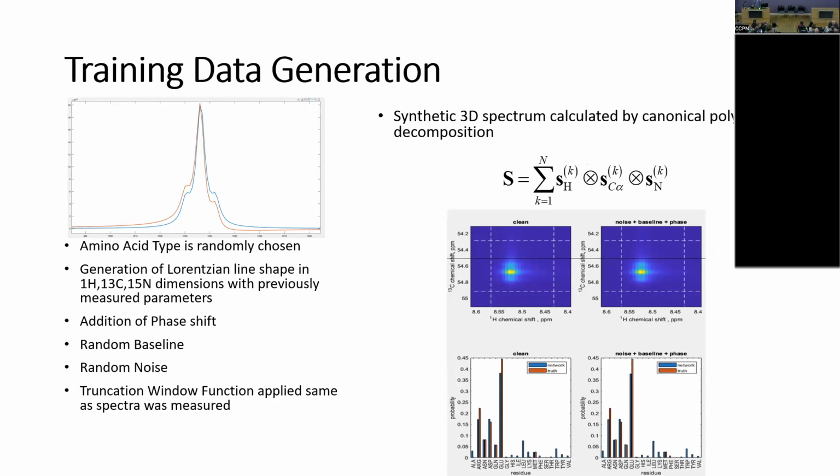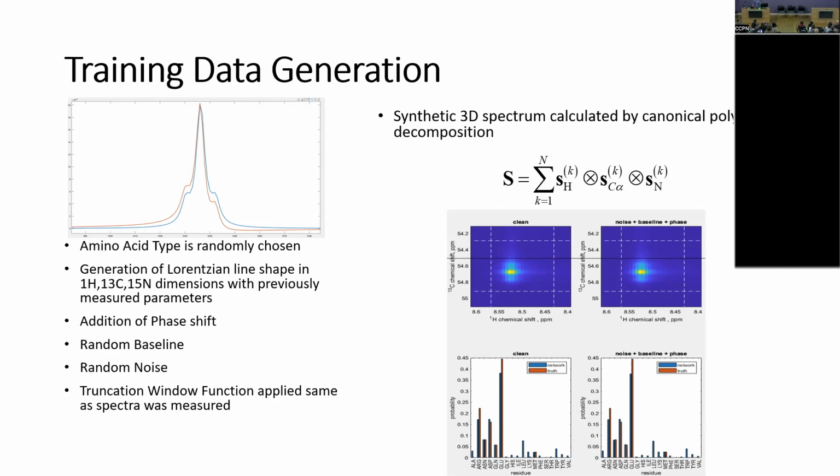We supplied the carbon chemical shifts in the first column, the hydrogen chemical shifts in the last row, and in the bottom corner we had the nitrogen position. And on top of this, we had the signal image.